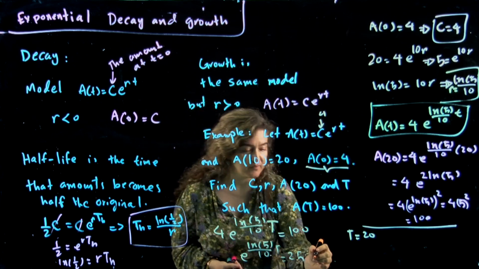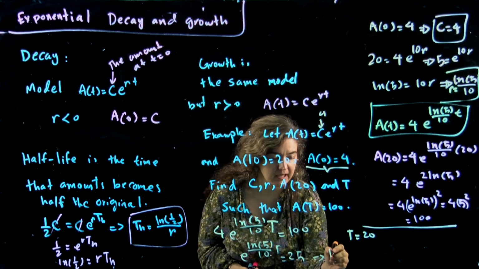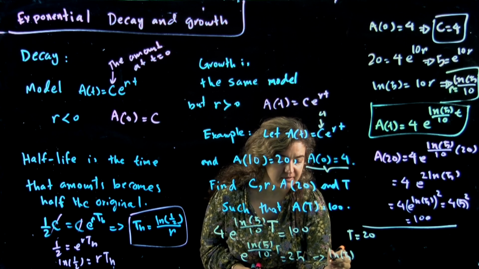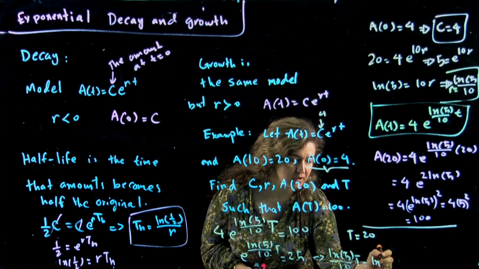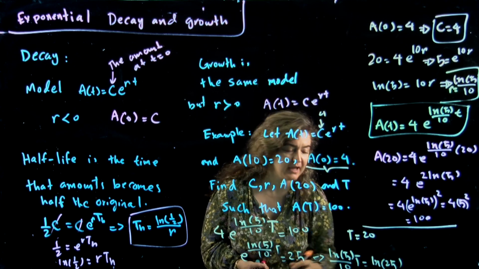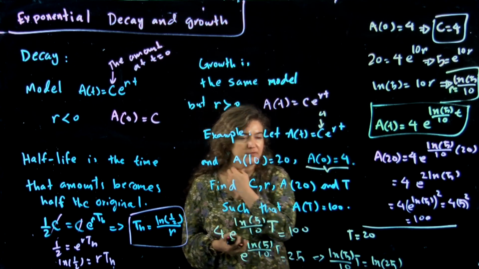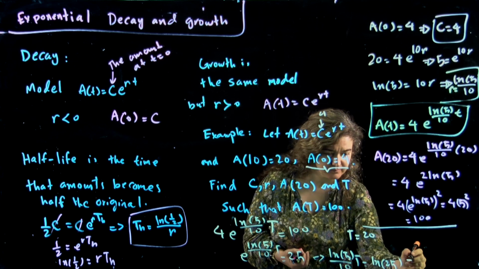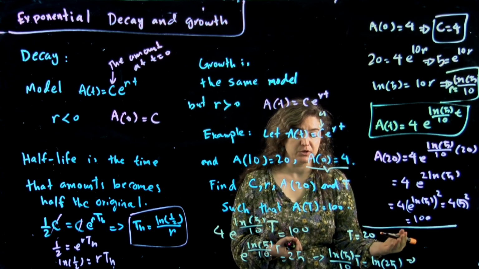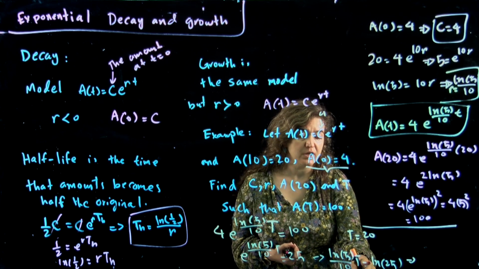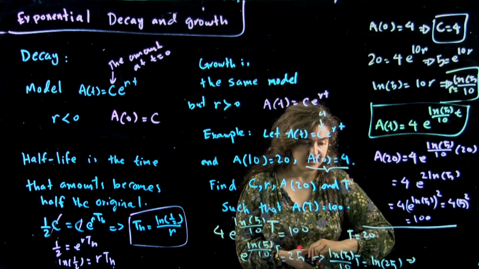Take the natural log of both sides, and you get ln of 5 divided by 10 times t is equal to natural log of 25. You can simplify this. Ln of 25 is actually ln of 5 to power 2, and therefore it's 2 times ln of 5.